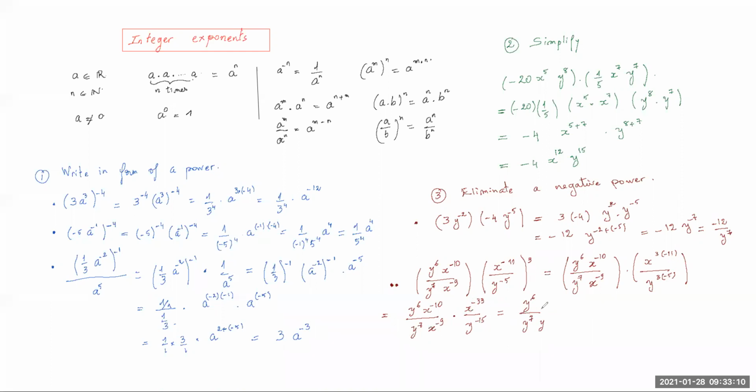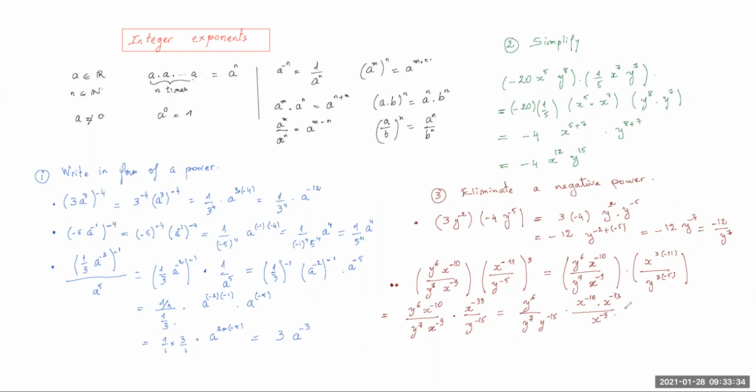We know how those operations work. So y minus 15, or you can keep it under the same, but we will see what we can do. And times x minus 33 over x minus 9.